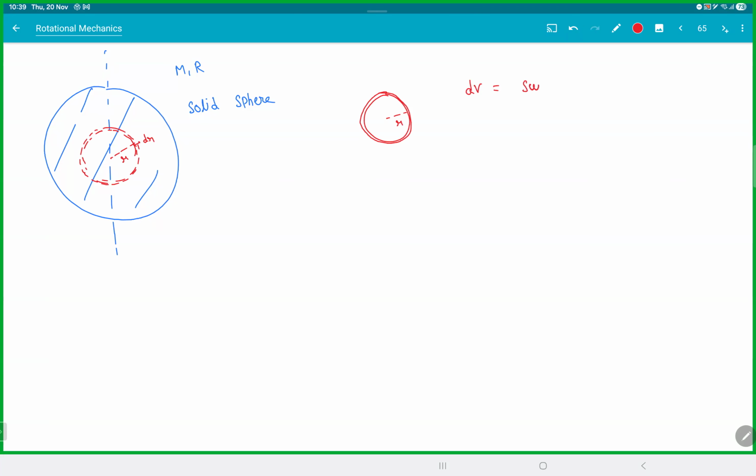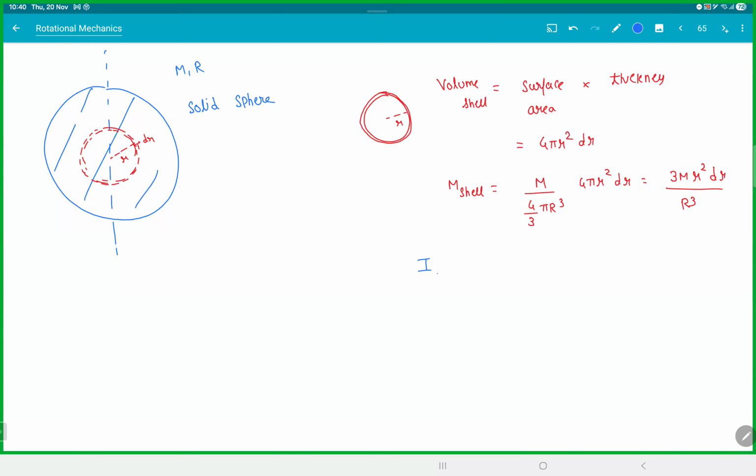Surface area into thickness. Surface area is 4 pi r square and thickness is dr. So mass of the shell will be total mass m by 4 by 3 pi r cube into 4 pi r square dr. This will be 3m r square dr by r cube.